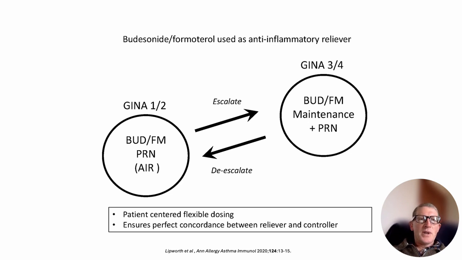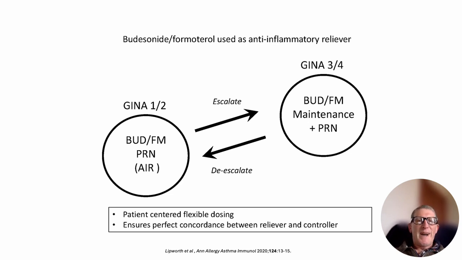So what will happen is that patients will use the budesonide formoterol PRN as anti-inflammatory reliever therapy at steps 1 and 2, and then depending on the prevailing trigger factors, if their asthma becomes more severe and it becomes more moderate at steps 3 and 4 for a period of time, then they will automatically escalate their doses to use effectively maintenance and reliever therapy. And then when the control's better, they'll go back down the escalator, they'll de-escalate the dose to go back to using it just PRN alone. So you're going from AIR to AIR plus maintenance therapy, going backwards and forwards, up and down the escalator.